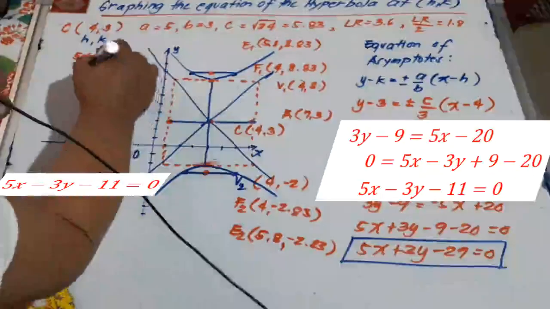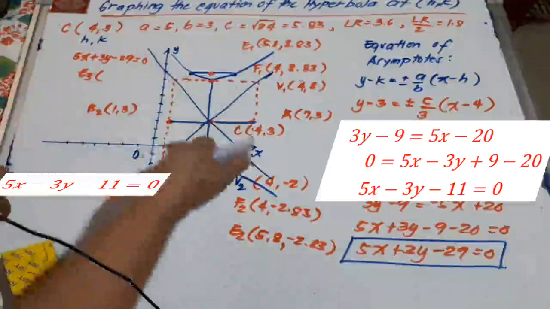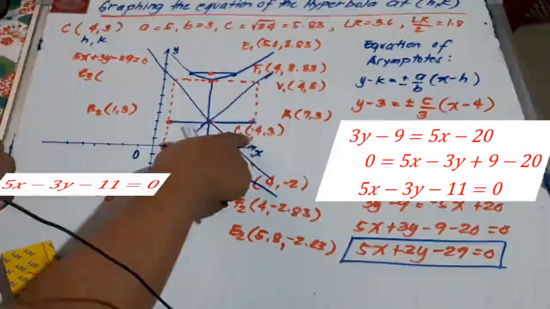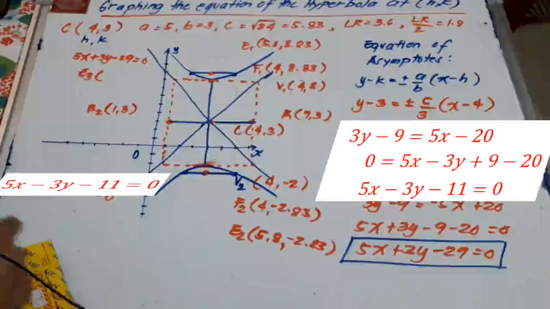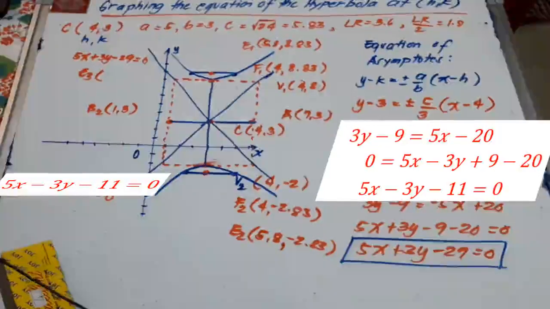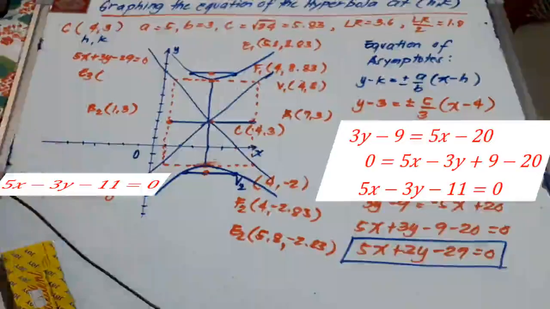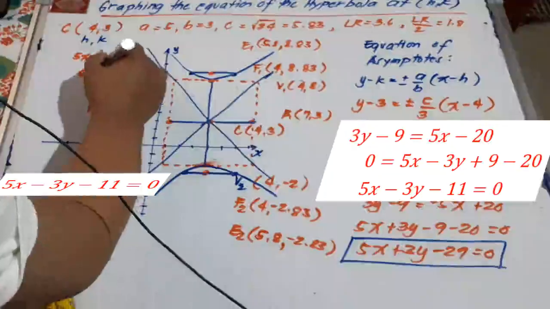Dito naman, sa e sub 3, ang kanyang horizontal distance, nag-subtract lang tayo ng 1.8 from the center. So, 4 minus 1.8 is 2.2. So, that is 2.2 here, horizontal distance.